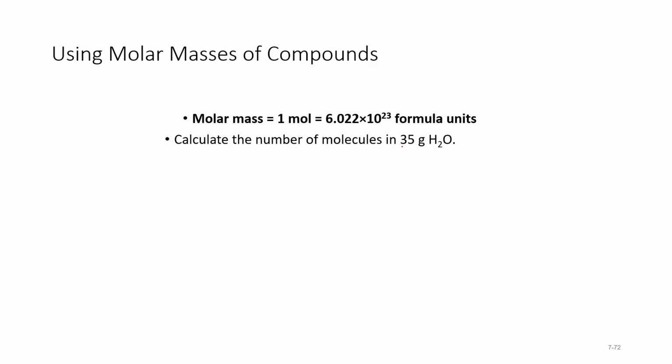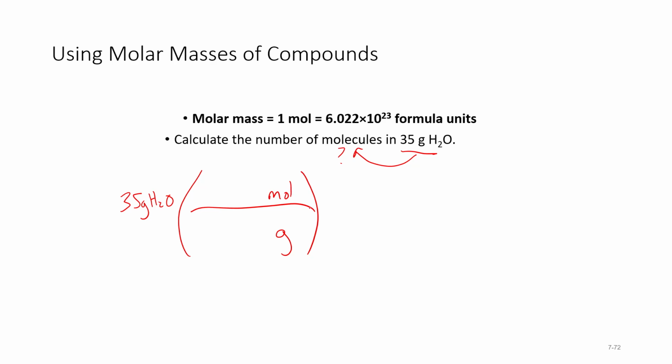Okay, so here you can see we have 35 grams, and they want us to go to molecules. So we start with 35 grams of H2O. We have to use moles as that intermediary, and they want us to end up in molecules. So since we have grams on the top, we put grams on the bottom.